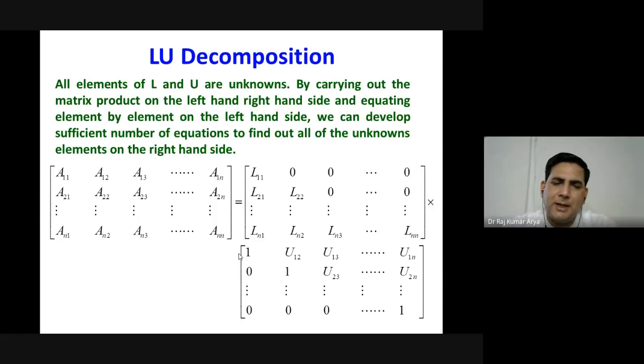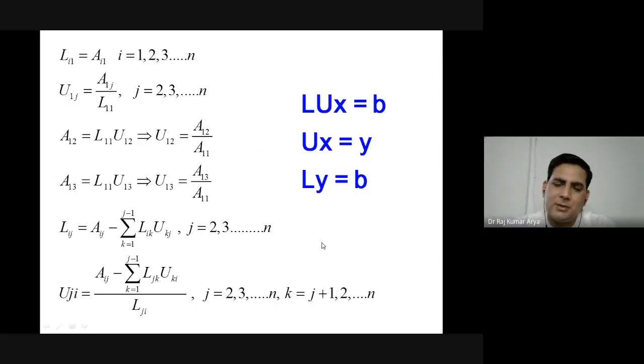Then you did LU decomposition also. You divided this matrix into two parts: one is a lower triangular matrix, one is an upper triangular matrix. In this combination you get LUX equal to B, so UX equal to Y is considered.